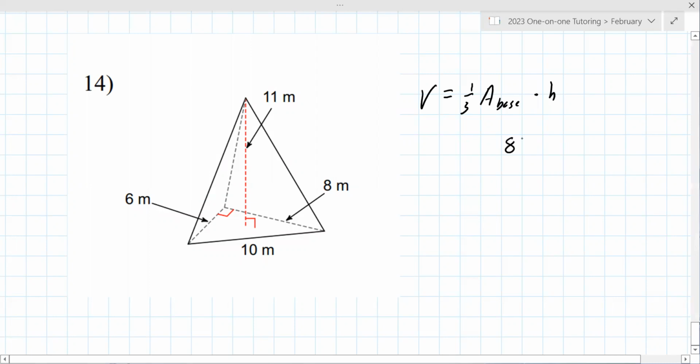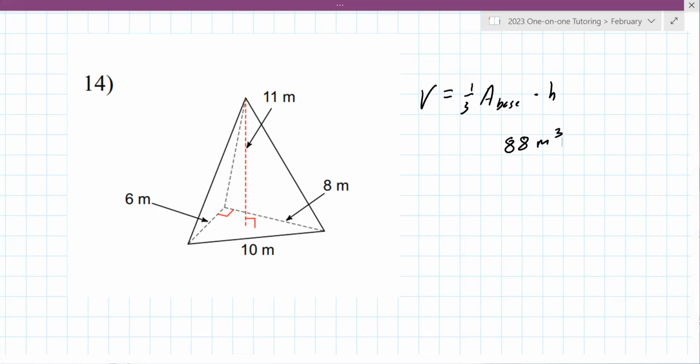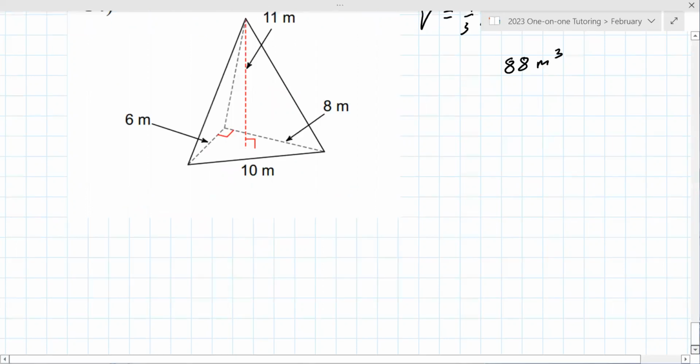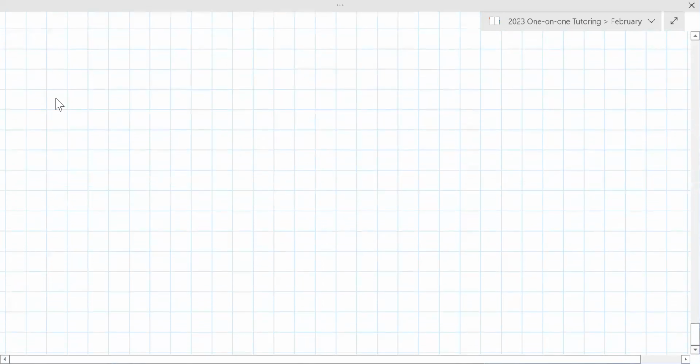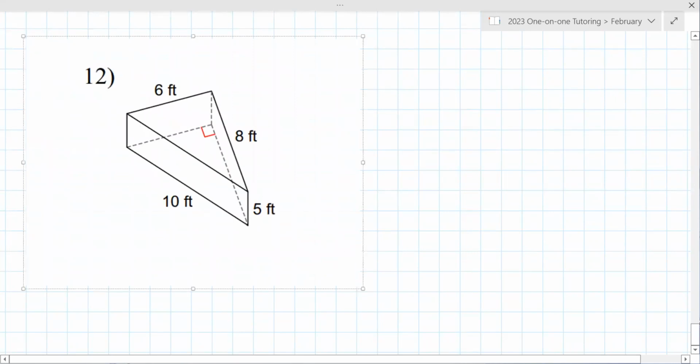Okay. Very good. Let's have you try. I saw this other one here that I thought might be a little more challenging. Okay, take a look at that and find the volume, please.